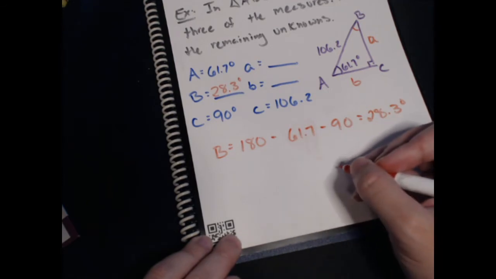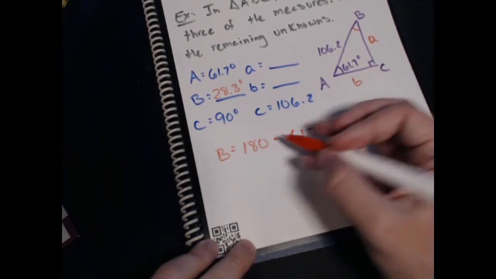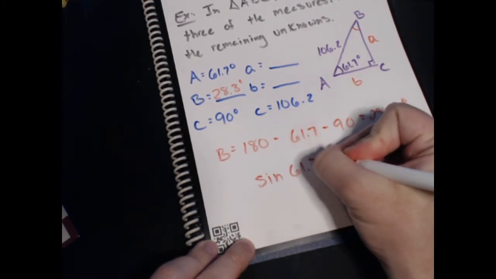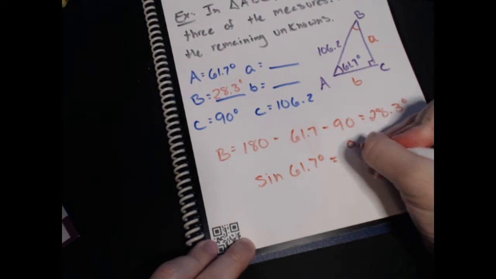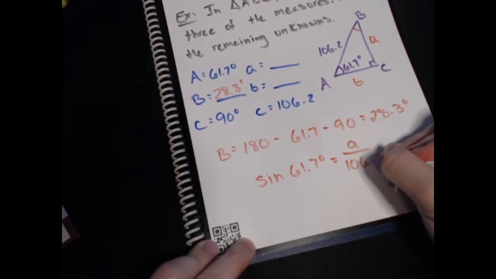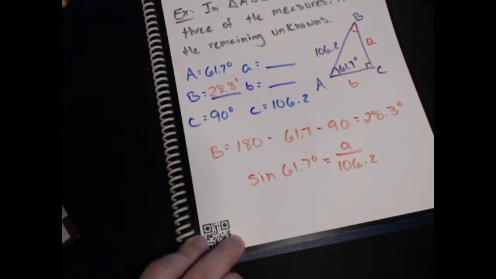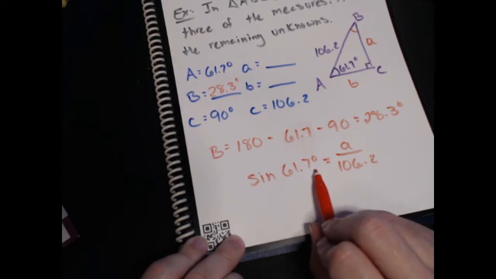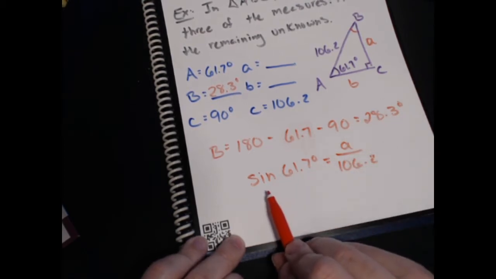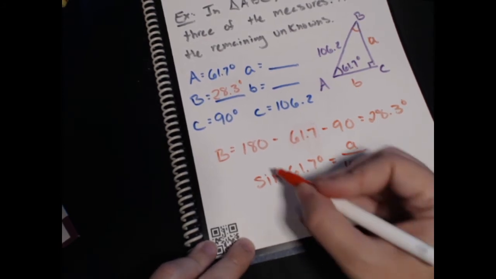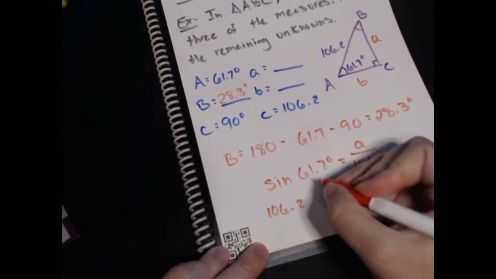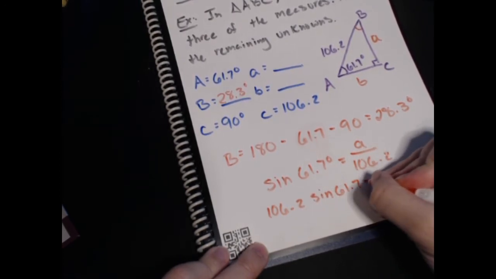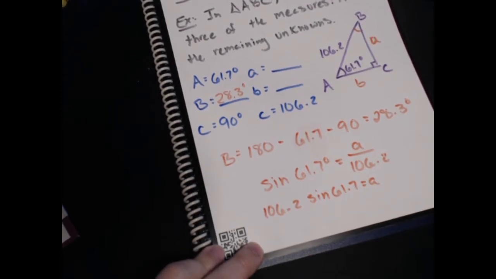So sine of 61.7 degrees is equal to opposite, which is A, over 106.2. The big thing here is check what mode you're in with your calculator. You should be in degrees, so hit mode and then select degrees. And then you're solving for A, which means I do 106.2 sine of 61.7 equals A. And I just plug that into the calculator.